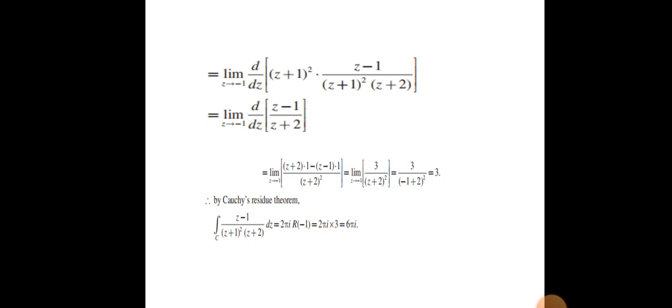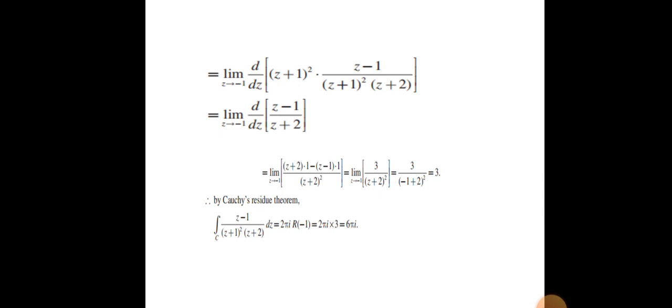Now we take the limit as z tends to minus 1. Substituting z as minus 1, we have minus 1 plus 2 the whole square in the denominator and 3 in the numerator, so it becomes 3. Hence the residue at z equal to minus 1 is 3.